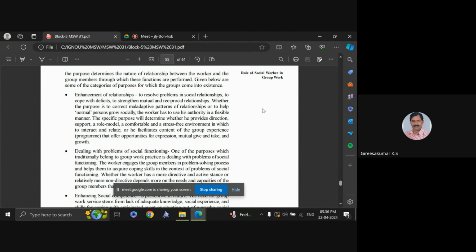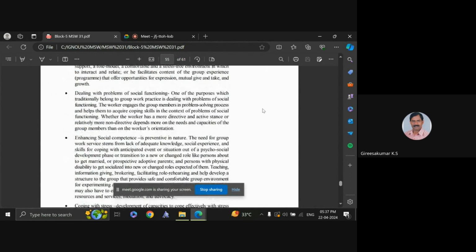Then dealing with the problems of social functioning. Social functioning is very necessary. Then enhancing social competence, that is preventive in future.